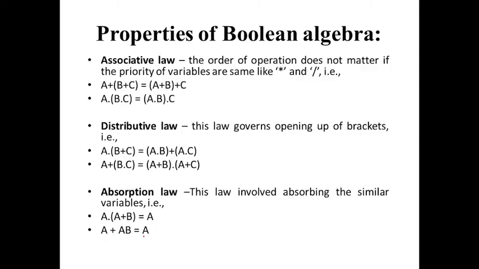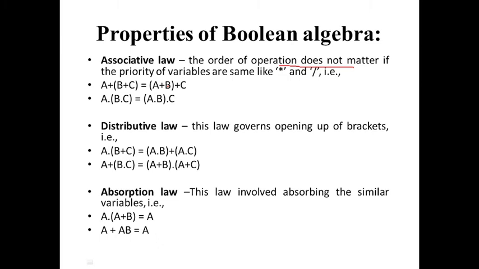Next law is the associative law. In this associative law, the order of operation does not matter. So A plus (B plus C) is nothing but (A plus B) plus C. When you first perform the B plus C addition and then add A, the result is the same as when you first perform A plus B and then add variable C to that previous addition.